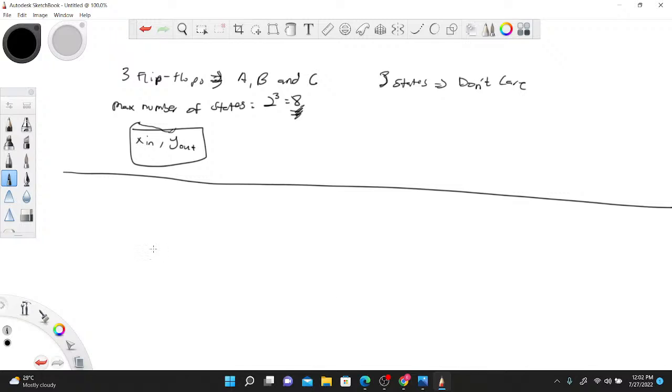So first of all is our next state table. You remember what I was saying about your next state table. It's a table that tells you what the current state is and what the next state you want it to be is. You understand? Excellent.